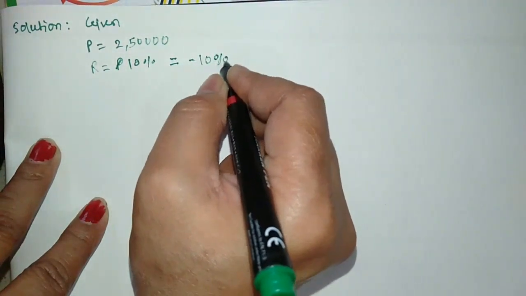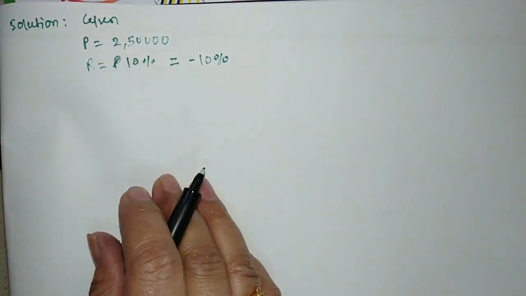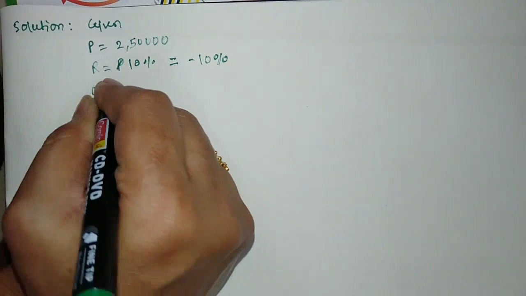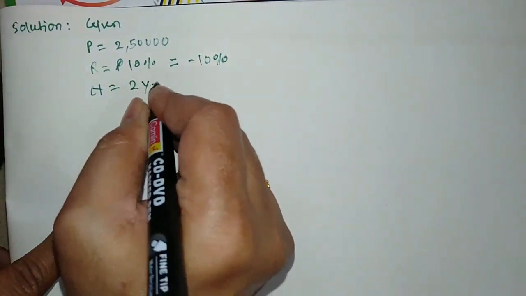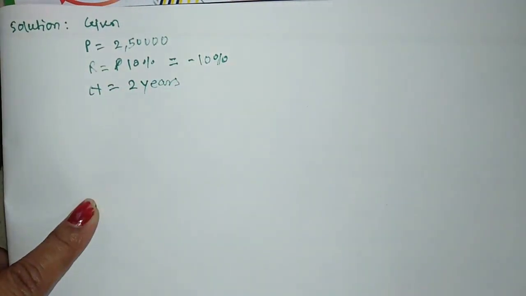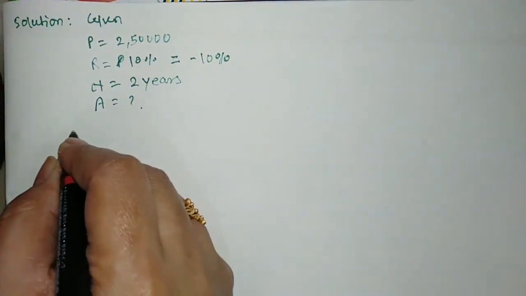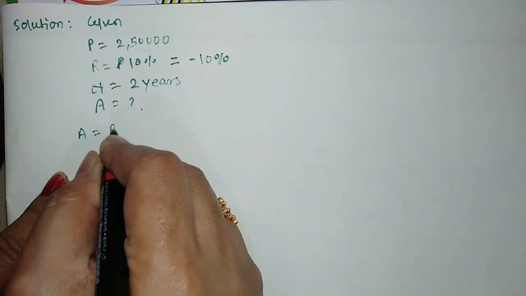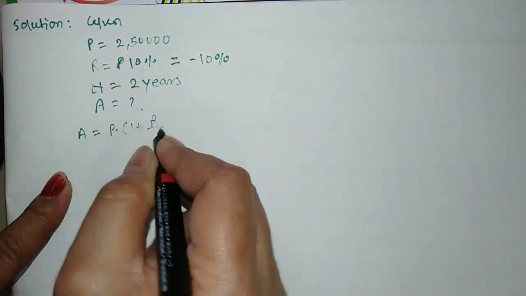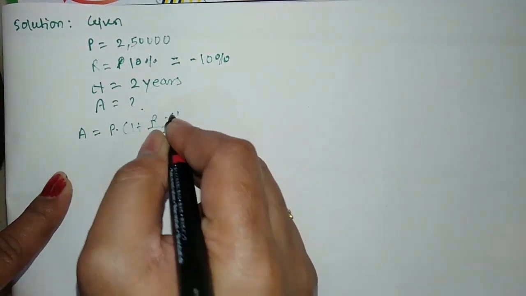R is taken as negative. And after 2 years means N is equal to 2 years. A is equal to question mark. So write down the formula. A equal to P into 1 plus R upon 100 raised to N.